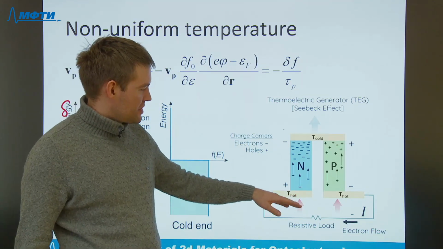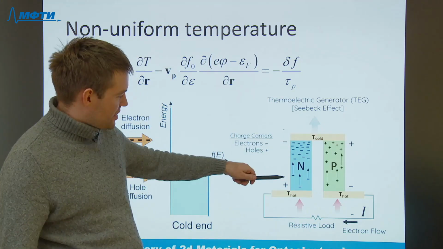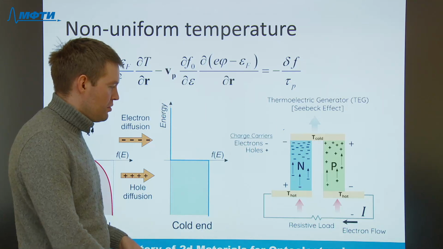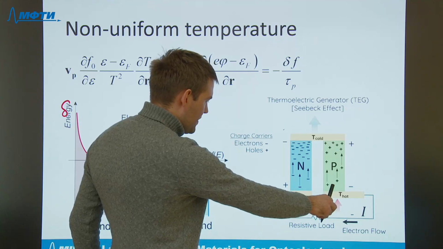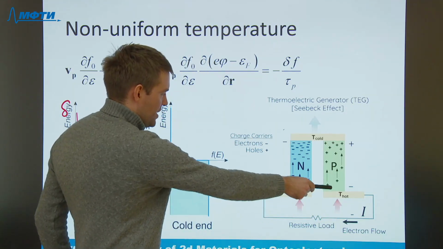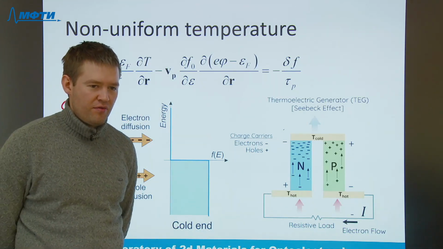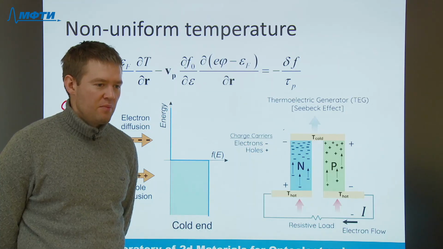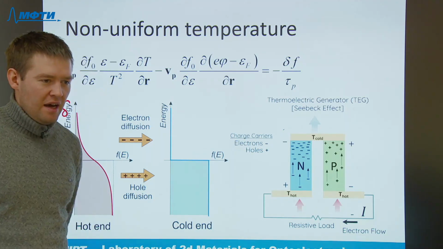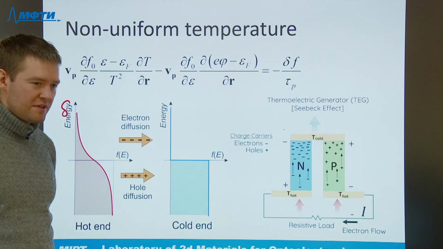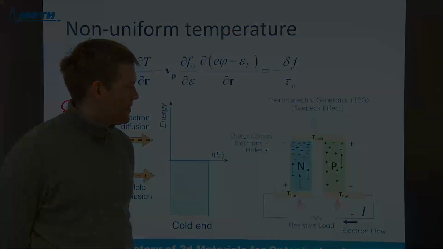Both electrons and holes would diffuse from hot to cold, but if you connect it in the following way, there would be a general electric current pointing in the direction of the whole current. So the evaluation of thermoelectric phenomena is important for the construction of thermoelectric engines based on semiconductors, and important for the reverse process of thermoelectric cooling. With that, I would like to finish my lecture.